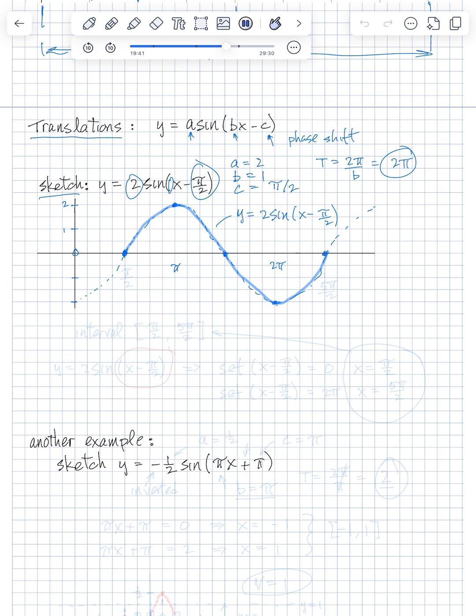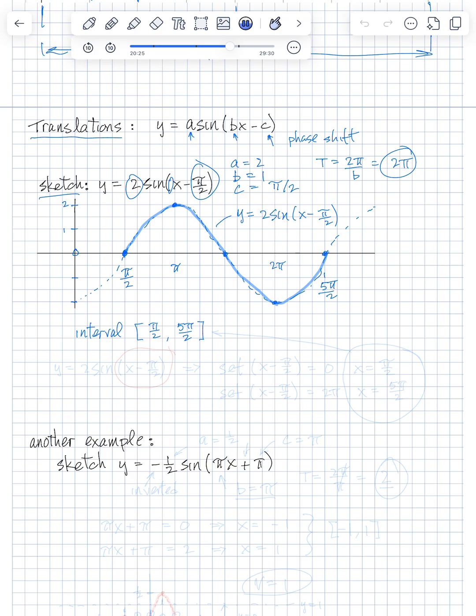The interval is going to start at pi over 2 and end at 5 pi over 2. This is something you can do before you sketch it if you want. I'll show you how to find the interval. So the interval is pi over 2 to 5 pi over 2, and use brackets because they can be equal to these.